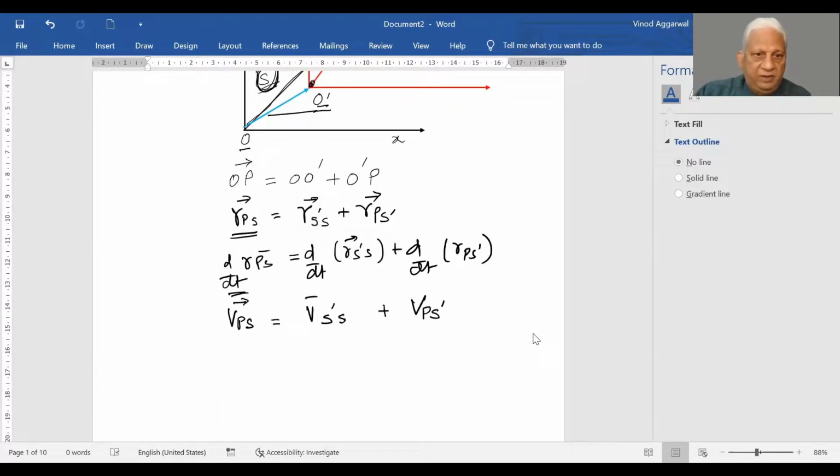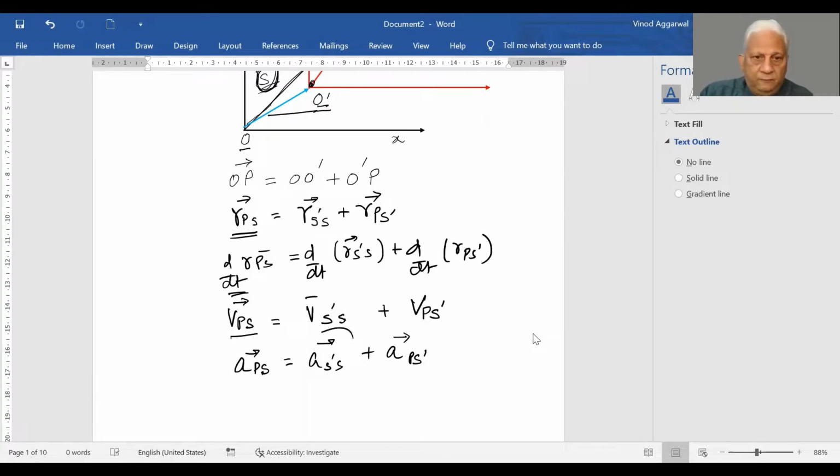Similarly, if we differentiate it further, what we will get is the acceleration of particle P as seen in the S frame of reference is equal to the acceleration of S dash with respect to S, plus the acceleration of P in the S dash frame of reference.